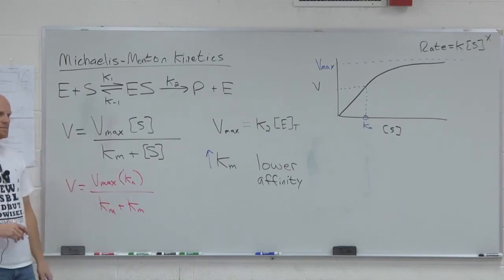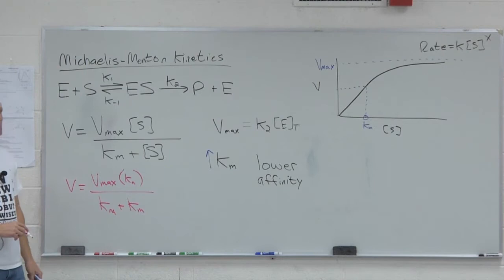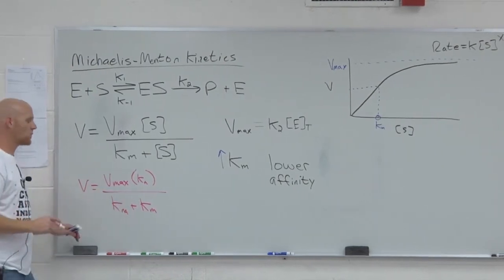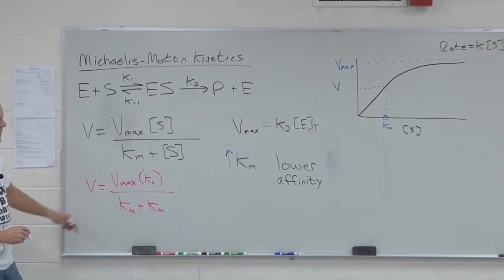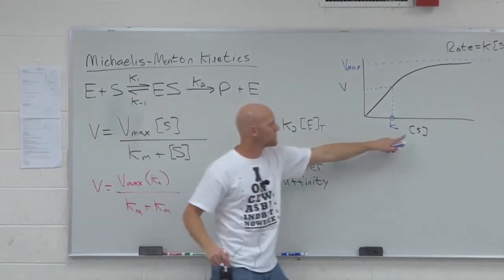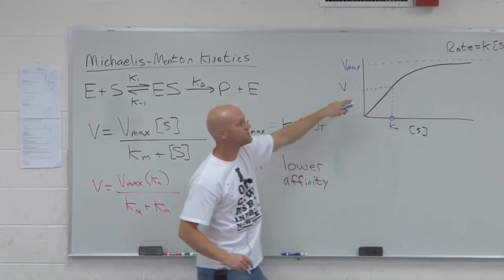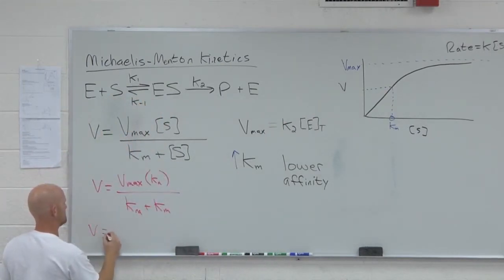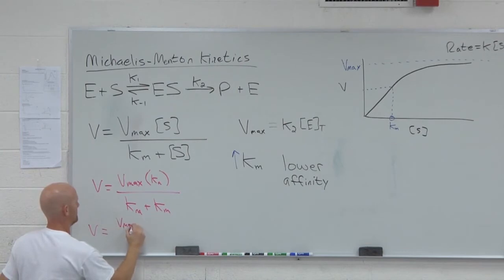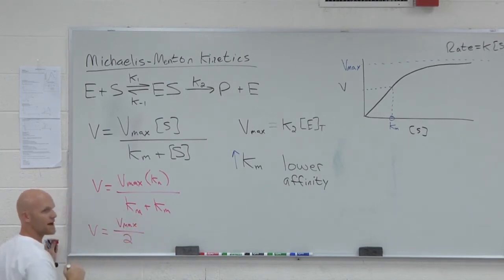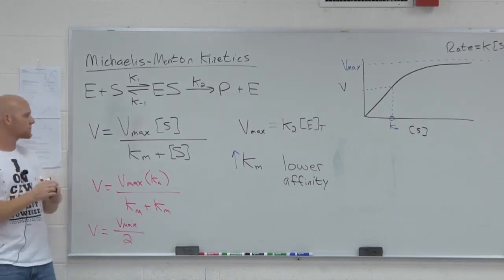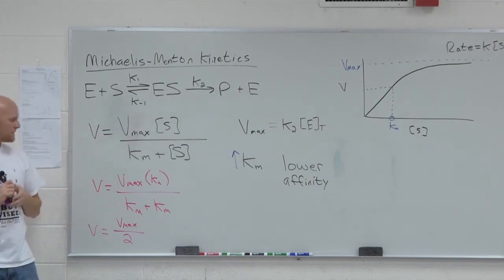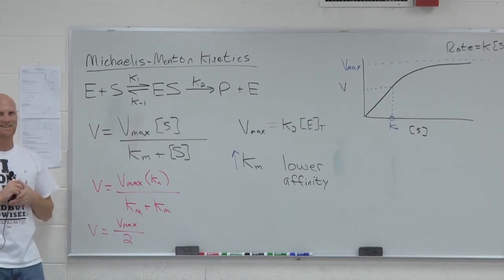What's Km over 2Km? Just 1/2, actually. The Km's cancel. And that's why, at the point where your substrate concentration is equal to Km, your V comes out to equal 1/2 Vmax. That's where it comes from. It just falls right out of the Michaelis-Menten equation. Cool?